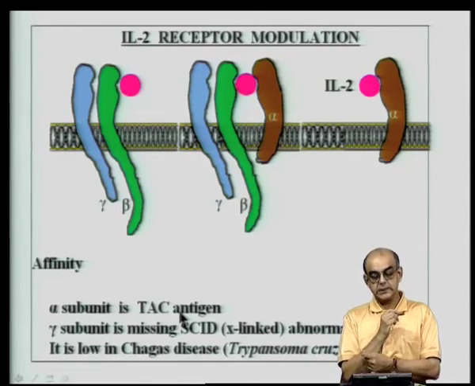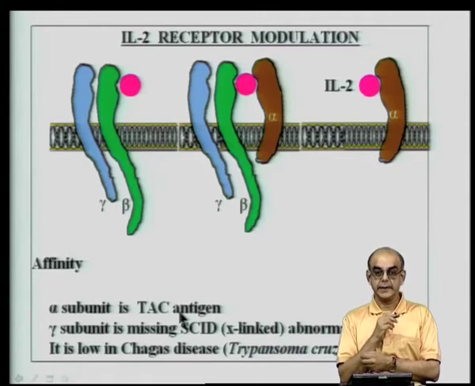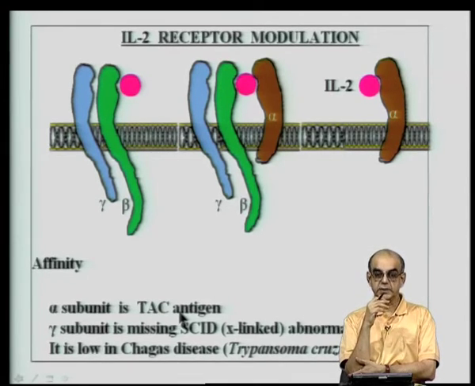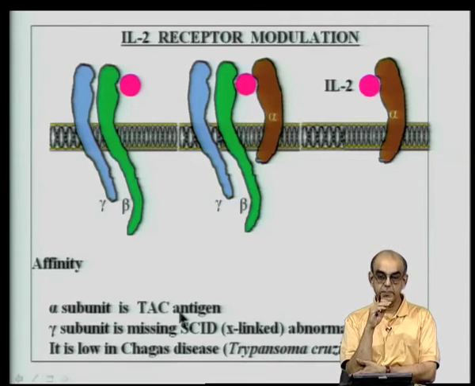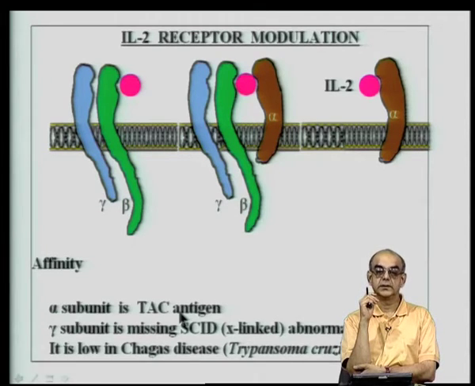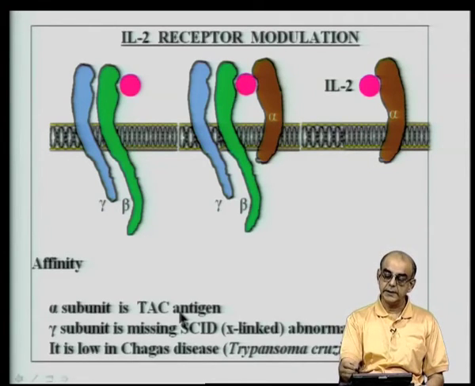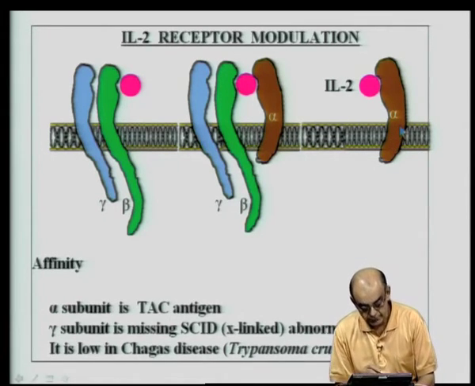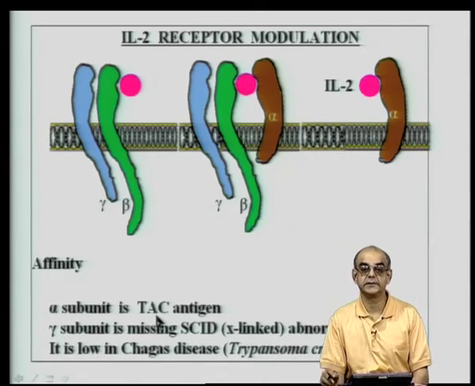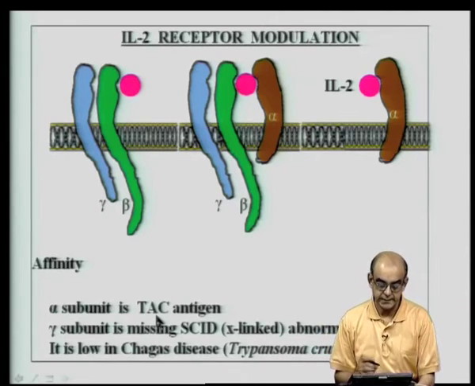The reason being that this alpha subunit is what predominates on activated T cell populations, and initially when they immunized these T cells, in order to identify the structure on the cell surface that would actually bind to the IL-2, they found that all the monoclonal antibodies that were derived from such an immunization with activated T cells actually bound to an antigen, which is now characterized as the alpha subunit of the IL-2 receptor, and therefore, because they predominated on activated T cells, this was called the T cell activation antigen or the TAC antigen for short.